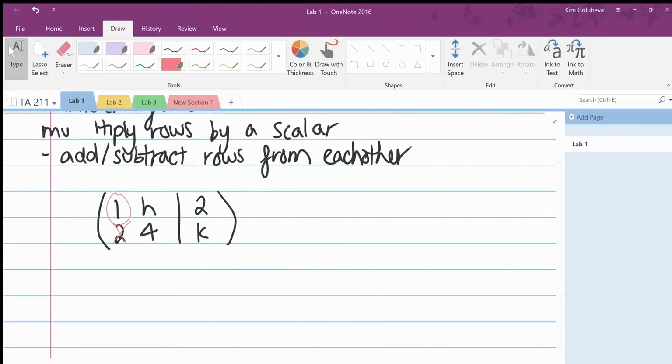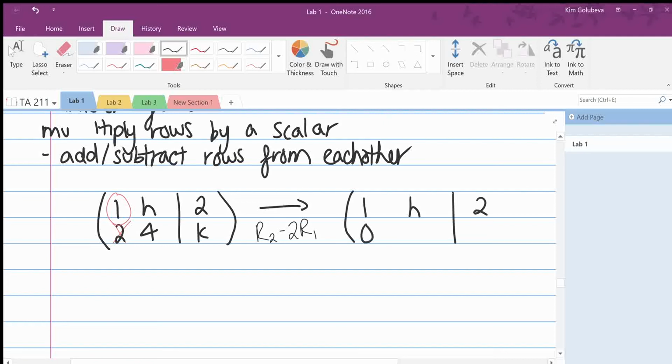In this case, I'm going to go row 2 minus 2 row 1. And it's going to give me something that looks like, once again, the top row doesn't change. So we're just doing an operation on the bottom. It's going to look like 0 and 4 minus 2h and k minus 4.